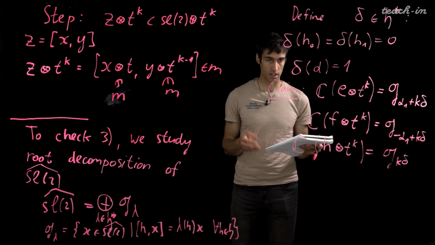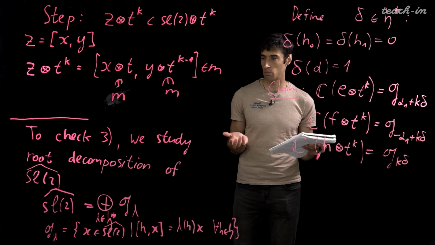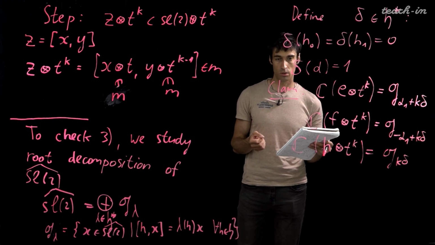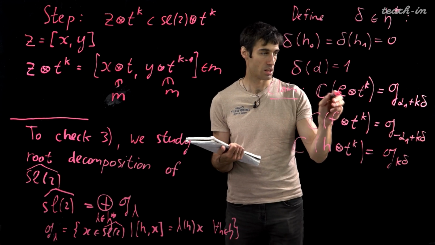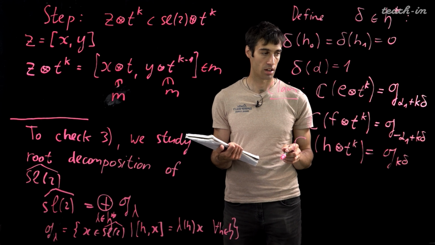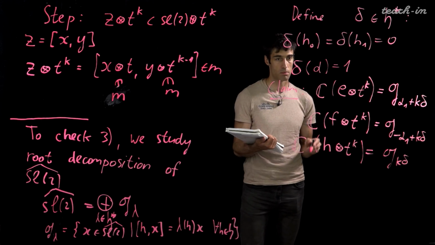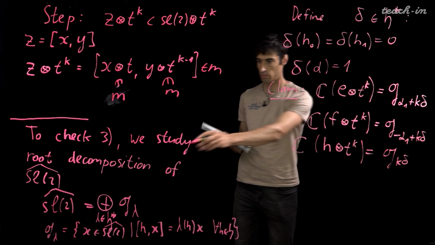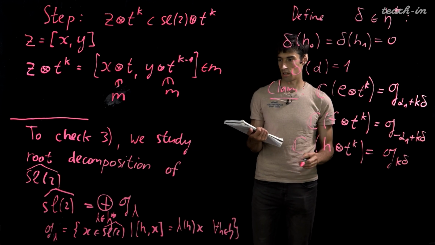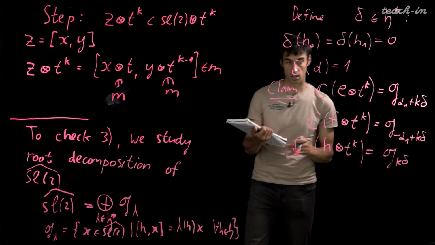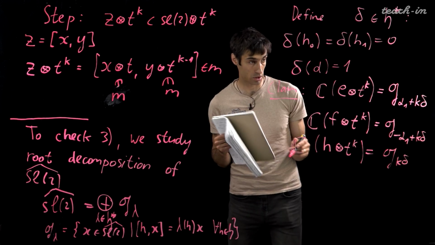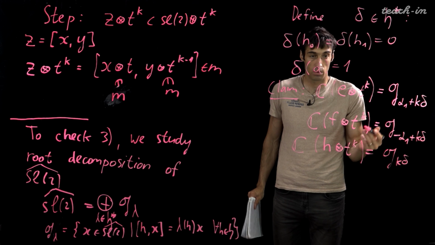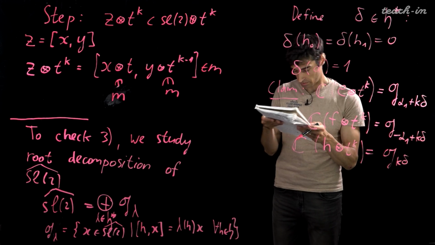So how to see that? Well, we can just use commutation relations to see that this subspace is inside the corresponding weight subspace. But equality follows from the root weight decomposition there.